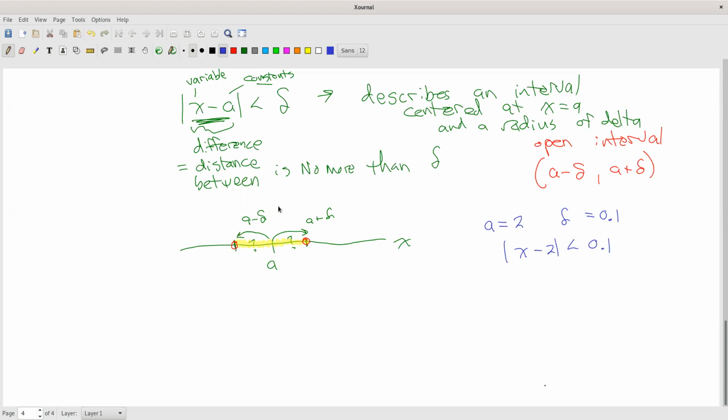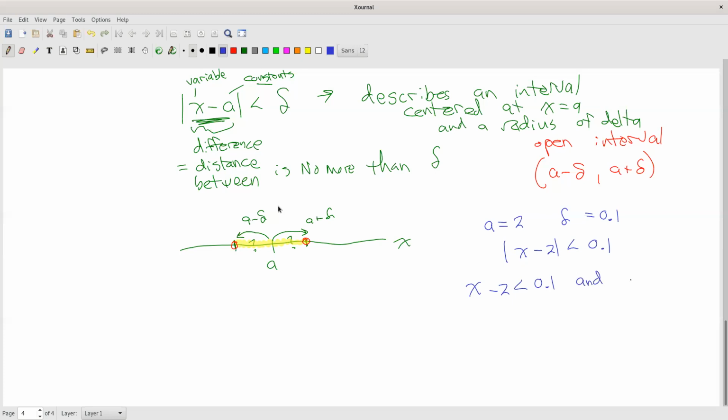And think way back to one of your algebra courses when you learned how to break this down. To get rid of the absolute value, we kind of use a plus or a minus, but then the minus is going to change the direction of the inequality. So to get rid of the absolute value here, what I have to do is say, well, x minus 2, it could be less than 0.1.